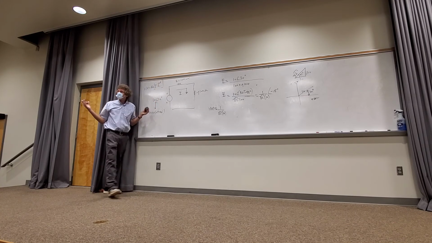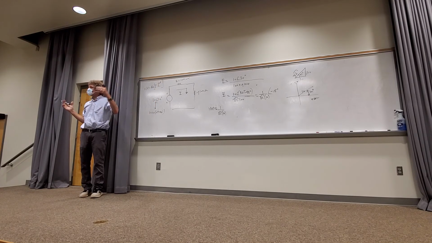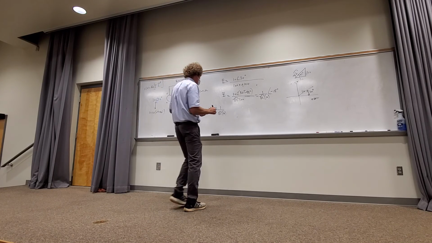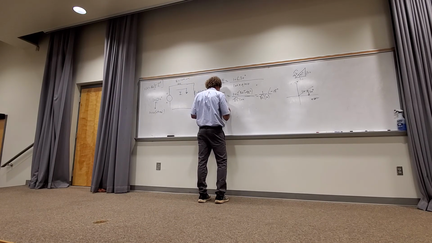That's how you get it, but you always get a cosine of omega t plus the phase angle. All right, phase angle is minus 15. Always going to be that. So then it's going to be cosine here of omega t, right, minus 15 degrees.